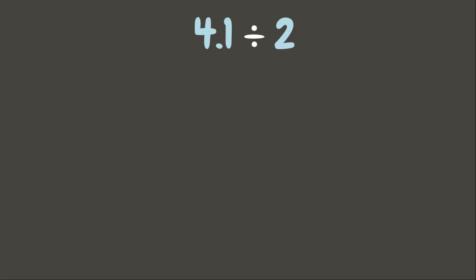Now let's have another one. This time we are going to divide a decimal by a whole number. 4.1 divided by 2. Since the divisor is already a whole number, there's no need for us to move the decimal points. We are just simply going to divide this like how we divide whole numbers.